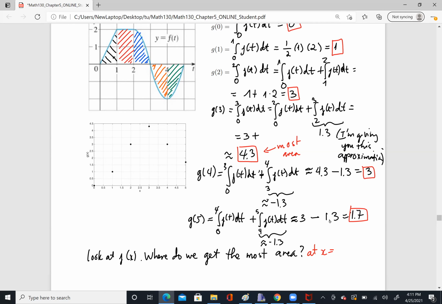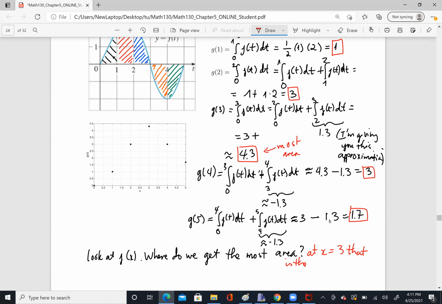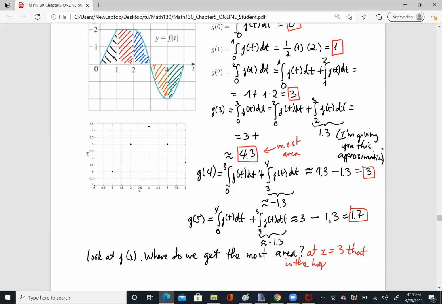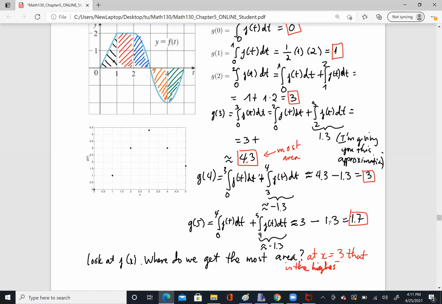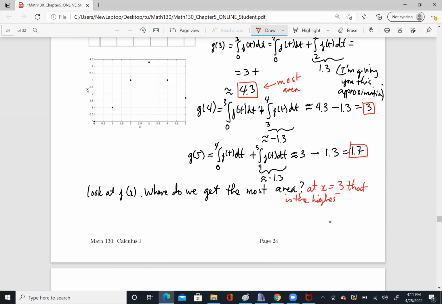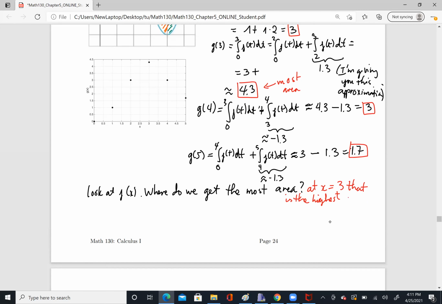So x equal to 3, right? That is the highest point.